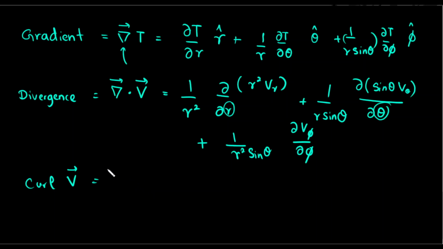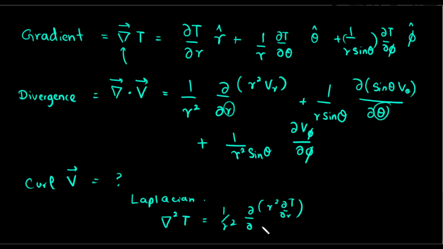Now when it comes to the Laplacian, we will have del squared T. Del squared T can be written as 1/r² ∂/∂r of r² ∂T/∂r, and this is partial differentiation with respect to r.